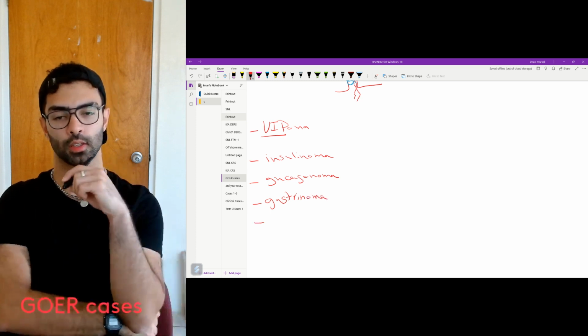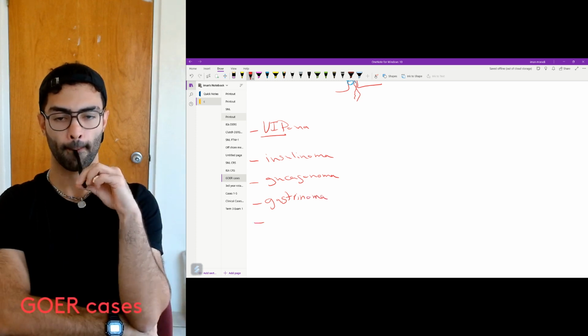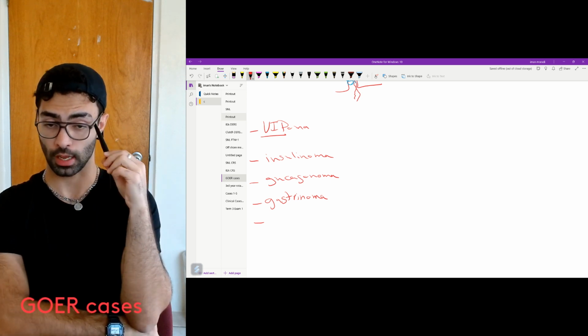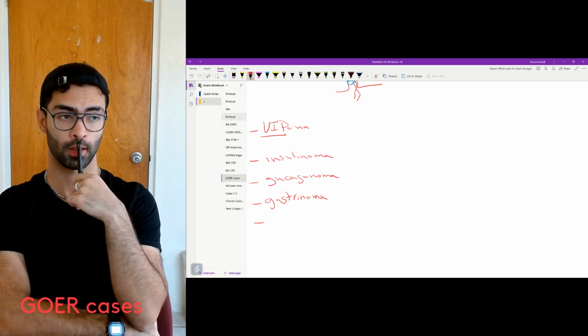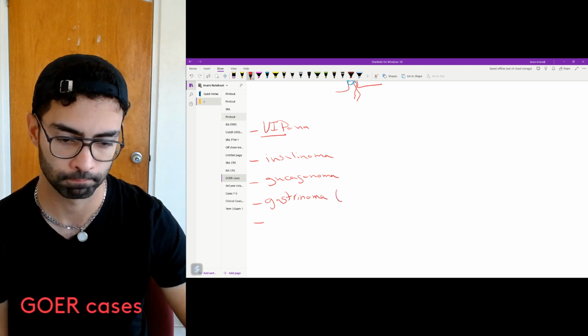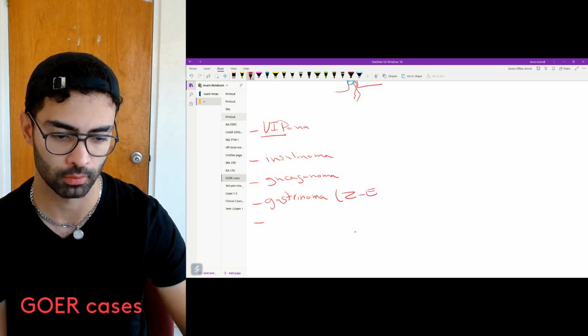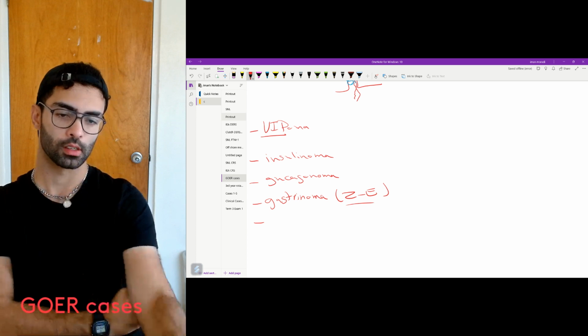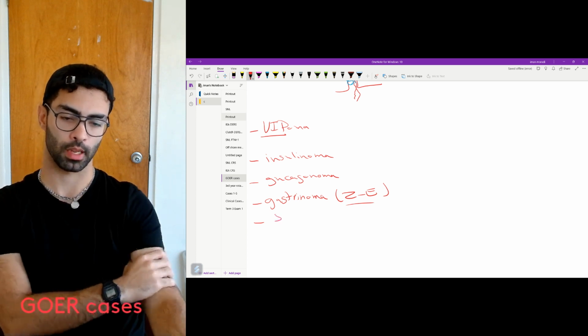What else? And whatever else you can have a tumor for in the pancreas, right? So this is also called ZE syndrome. So, you can also have somatostatinoma.